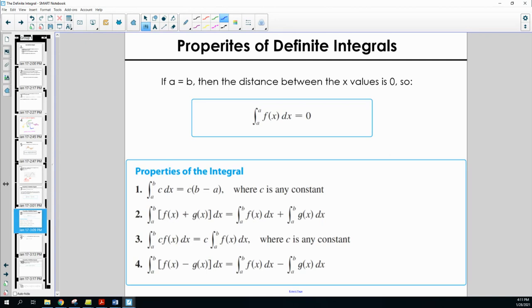So if we're adding in an integral, we can split it up and have the first integral plus the second integral. If we have a constant that's being multiplied to our function, we can pull the constant outside the integral and then just take the integral of the function. If we're subtracting, again, we can break it up into the first integral minus the second integral.